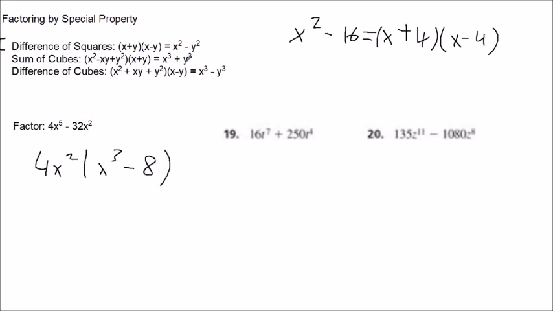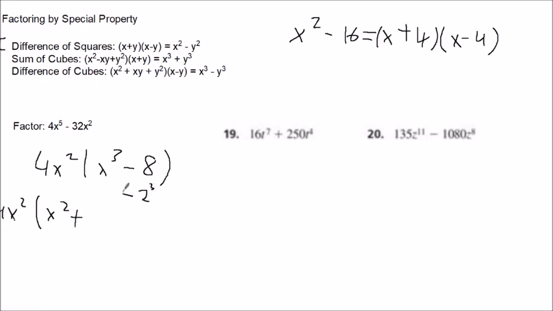So then we can use the difference of cubes formula. We'll get 4x squared times x, because x cubed is right there, and then the minus 8 we have to make a cube as well, because it's a difference of cubes. It's not one cube and then the other one's just not a cube.